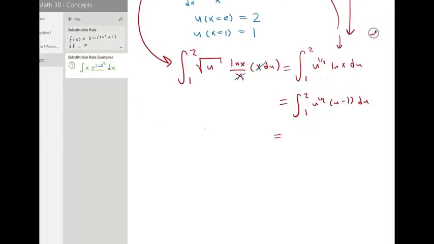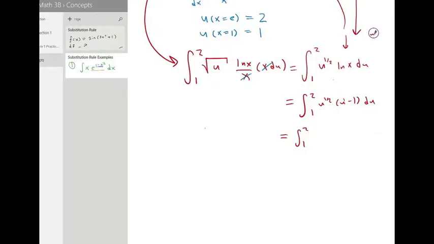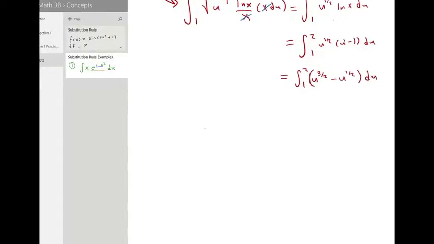If we distribute this u to the 1/2, u is just u to the 1, and when you multiply the same base with exponents, you just add the exponents. So 1 is 2/2, 2/2 plus 1/2 is 3/2, and negative 1 times u to the 1/2 is just negative u to the 1/2 du.